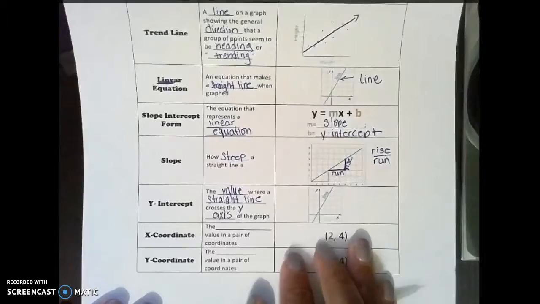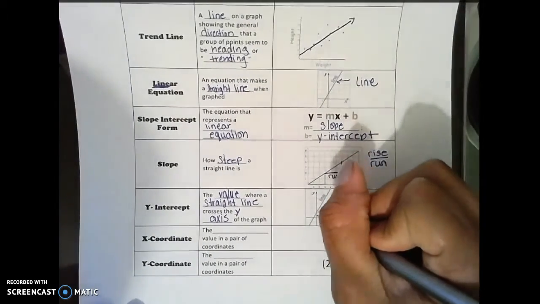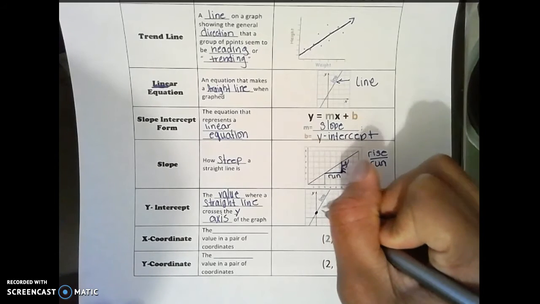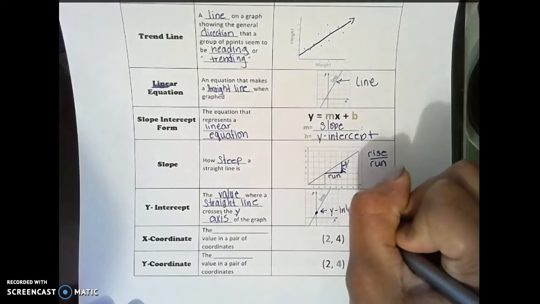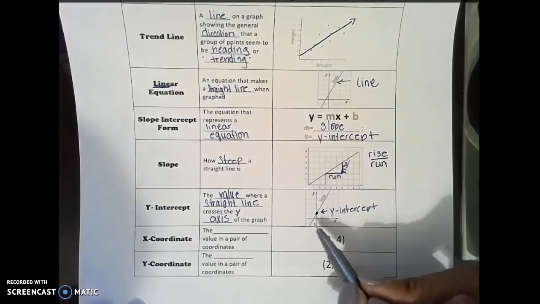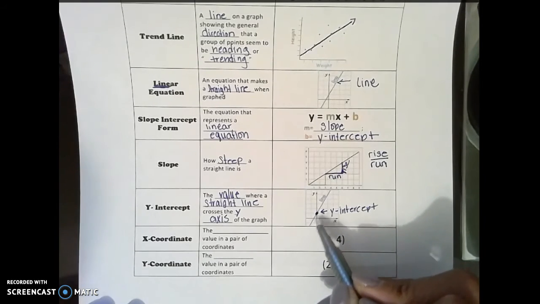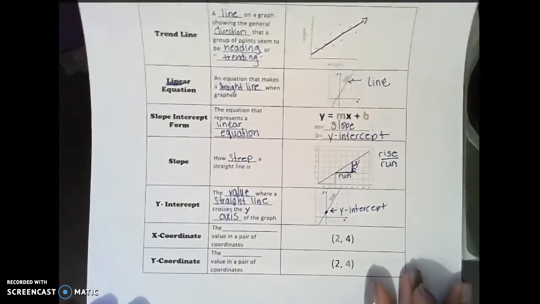So again, this is the same thing that I showed you when we did linear equations, but my y-intercept is when the line crosses the y-axis, and that goes right here. This is my y-intercept. Technically, there's an x-intercept too, but we won't really use it. That is when the line crosses the x-axis, but when the line crosses the y-axis, there is your y-intercept.